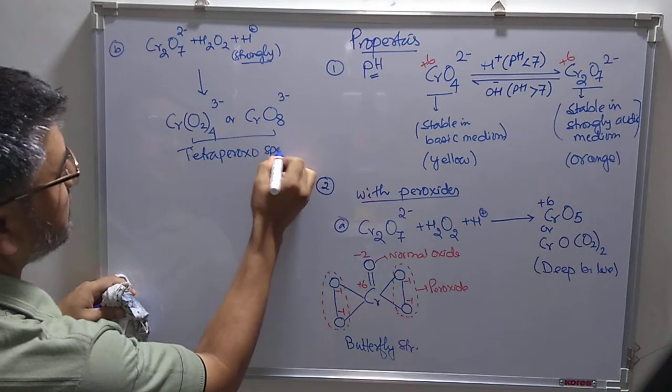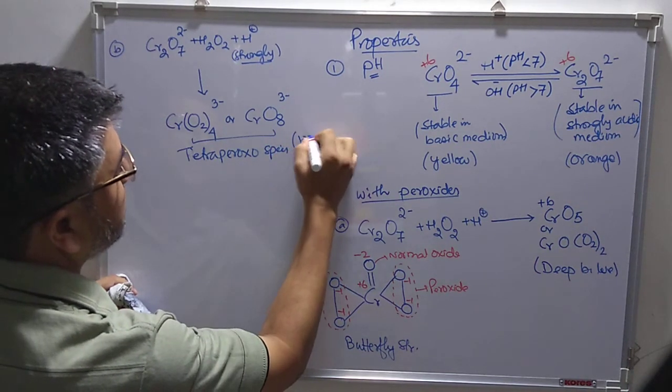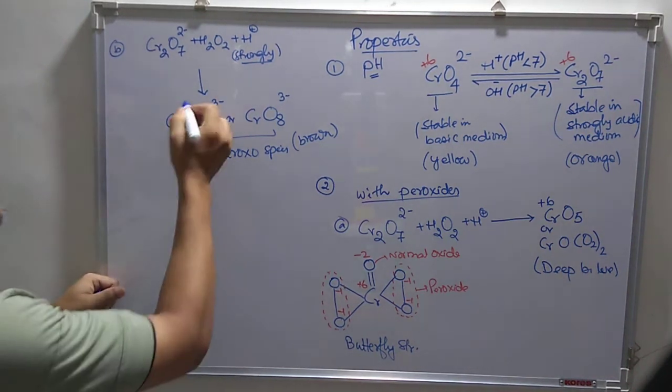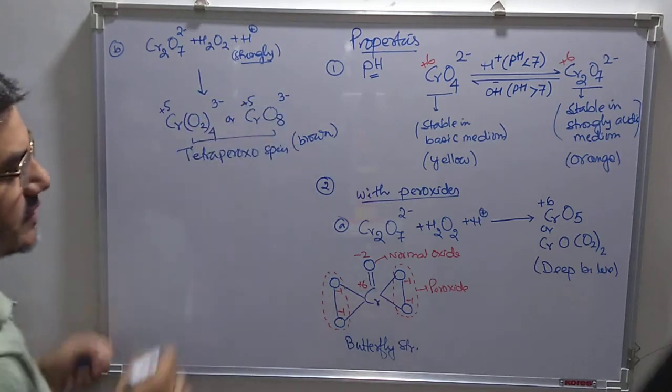This tetraperoxo species is brown in color. So we have 4 peroxide ions attached to chromium, and the chromium in this case is in +5 oxidation state.